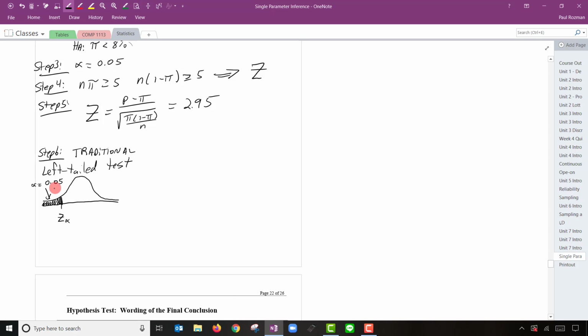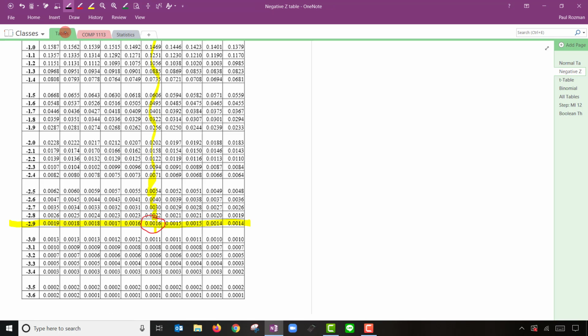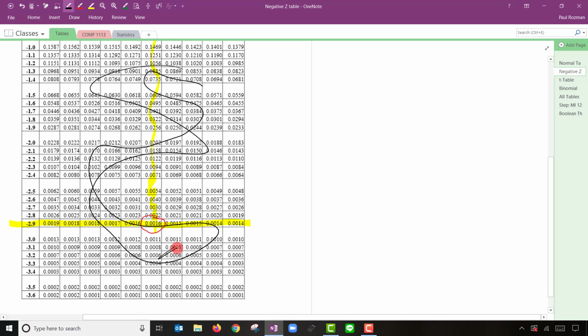We could look up 5% in our negative Z table, and we'll get our answer. If you're an Excel person, I guess you'd do norm.s.inv. Remember, S means standard normal, so Z score. I almost wish it were norm.z.inv. And then you just put your percentage. If you're a table person, you go back to your Z table and you start searching around inside the table for 5%.